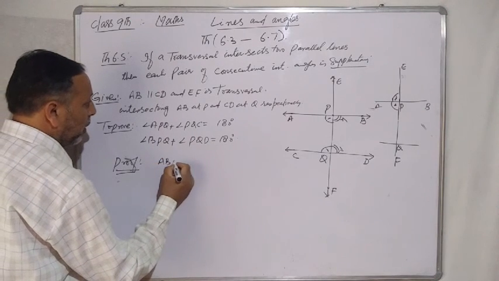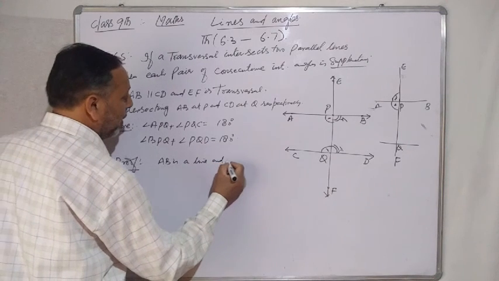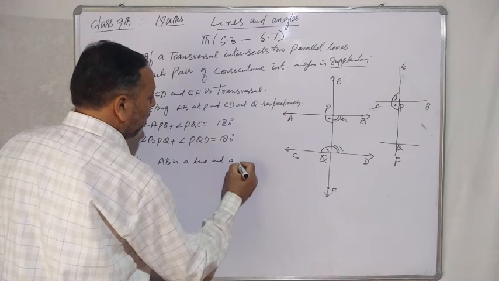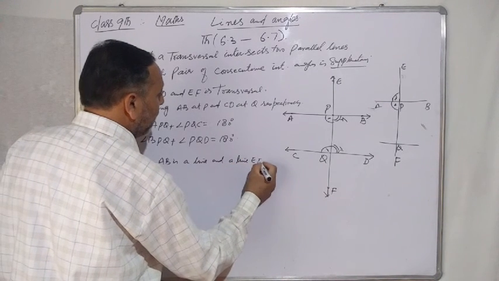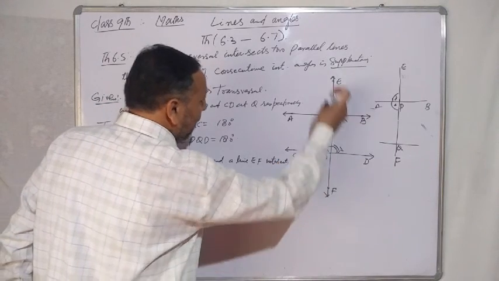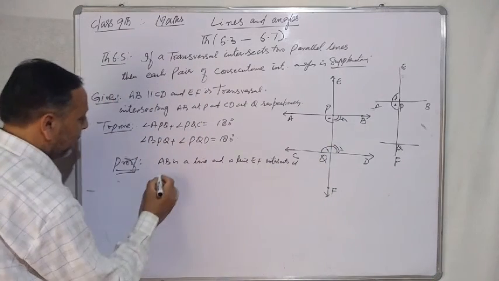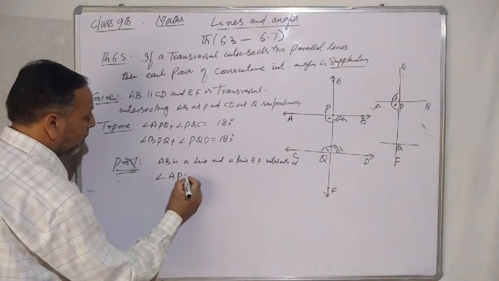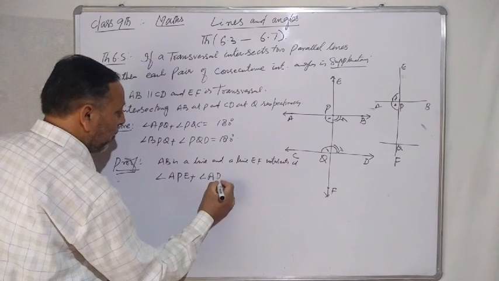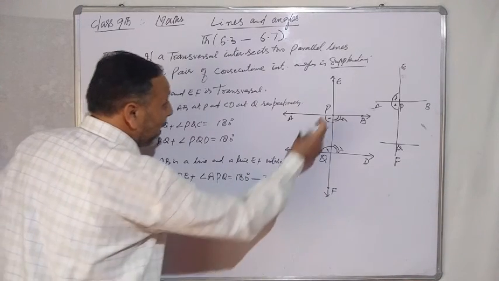AB is a line and a line EF intersects it at P, therefore angle APE plus angle APQ is equal to 180 degrees. Give us first, these are linear pair of angles.